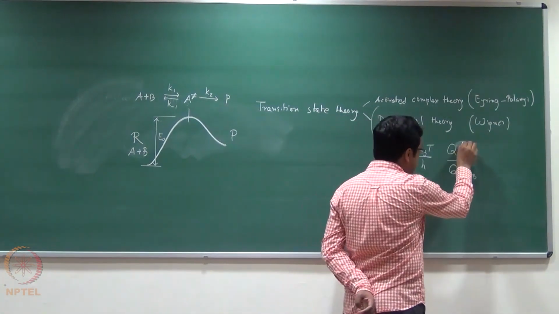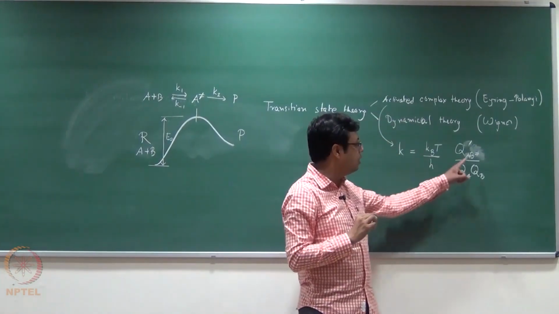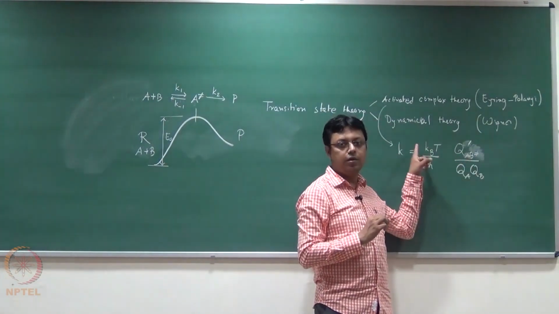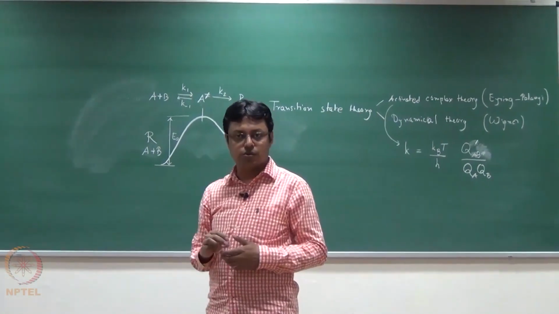But this Q dagger is slightly different. I will use a prime notation, in the sense that it is not the whole partition function: one degree of freedom is taken out. That is what they showed, and that is what every textbook shows.